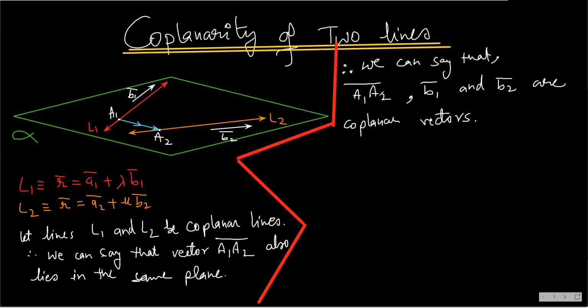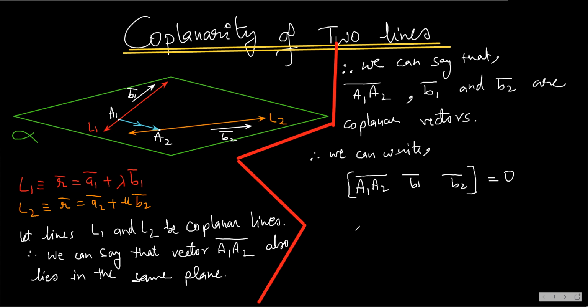And you know, students, if three vectors are coplanar, their scalar triple product is zero. So I will say, therefore, we can write their box product is zero. So [A1 A2 bar, B1 bar, B2 bar] is equal to 0.